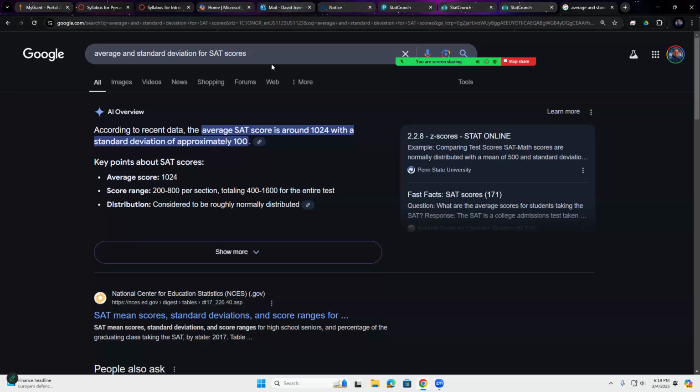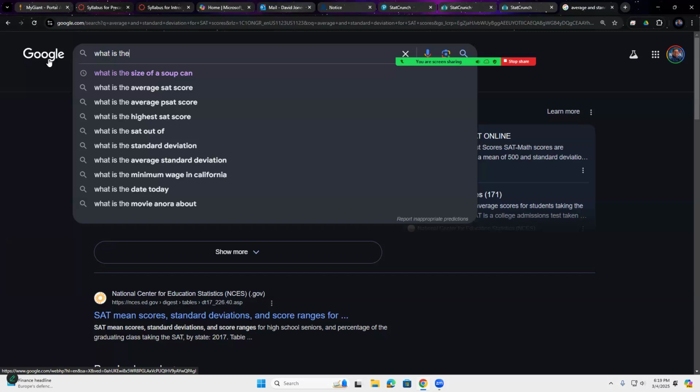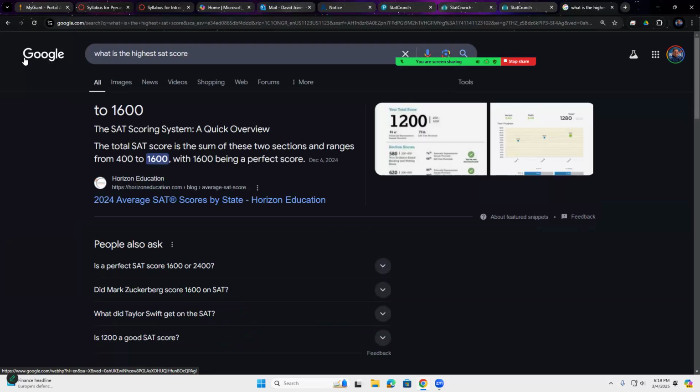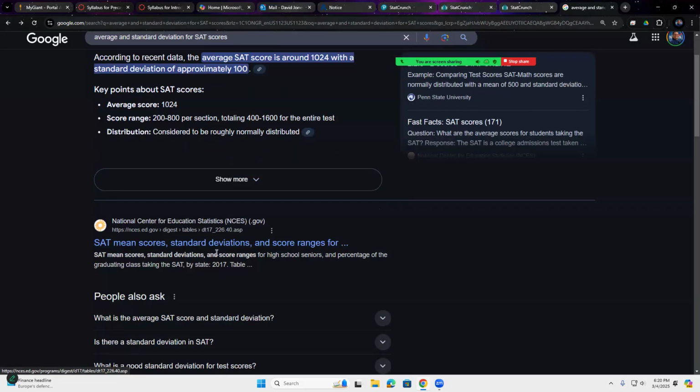What's the highest SAT score? There's no way. Whatever AI gave me was bullshit about the mean and standard deviation. Let's look at that one.